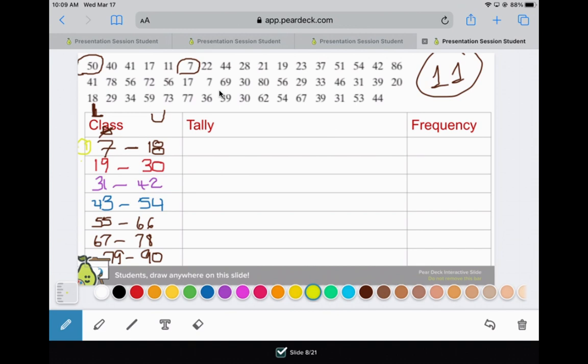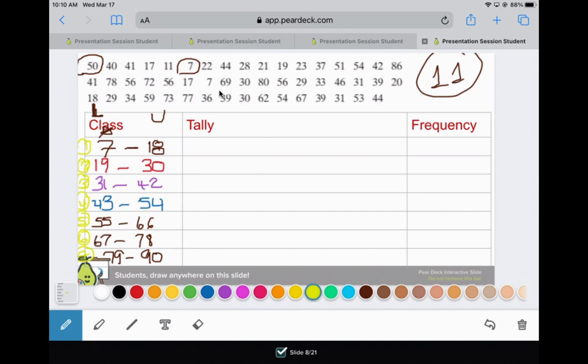For the second class, I'm going to use different colors: the second class, third, fourth, fifth, sixth, and seventh. You're going to tell me which class each number belongs to, and then I will do a tally. So for 50, I'm going to look at which interval 50 falls between.